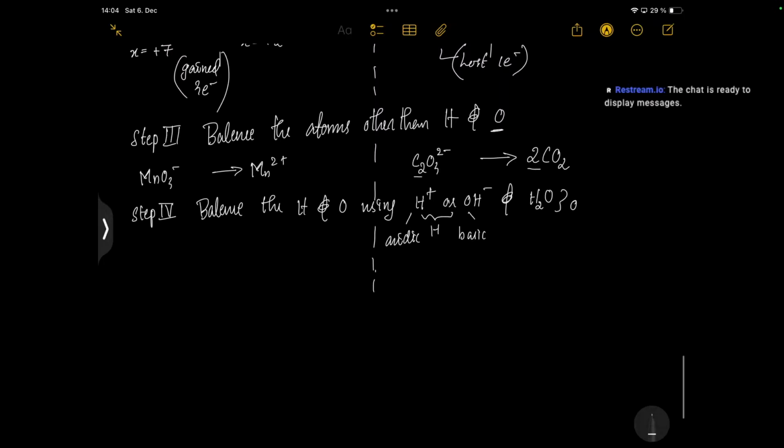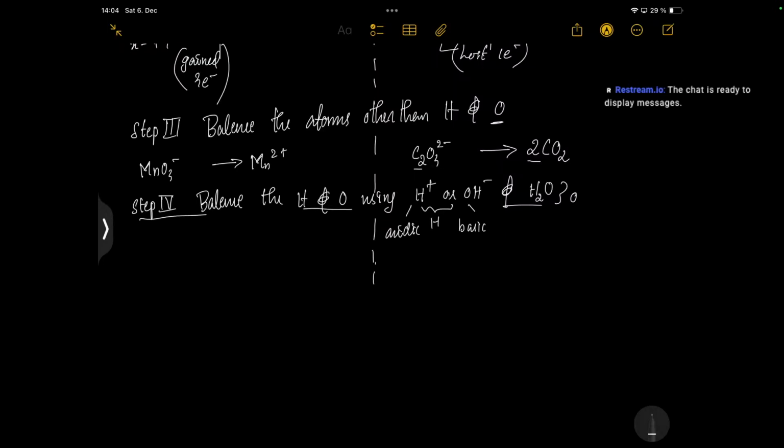So now what do we have here? There's no oxygen on the right side, therefore MnO4 minus gives Mn2 plus. We need to balance 4 oxygen, so we give it 4 water molecules. This is the part where the aqueous solution or condition comes in, where we can use H2O and OH minus or H plus.